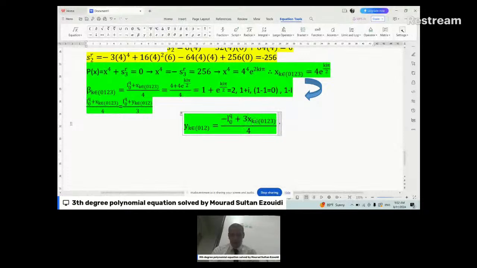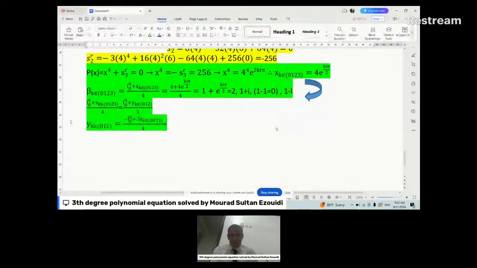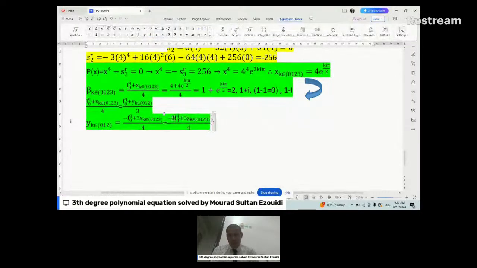Now learners, just replace this one; it has to be equal to this. L0 is, we told, negative 4. Negative 4 plus 3 xk. What is xk? This is xk, learners, is this. You see? This is xk.